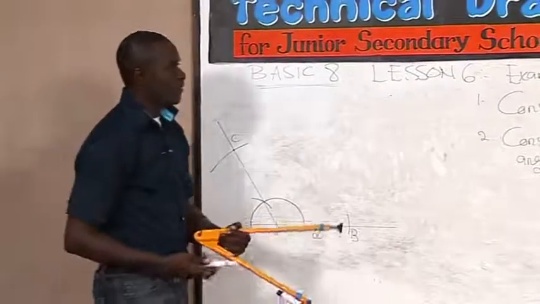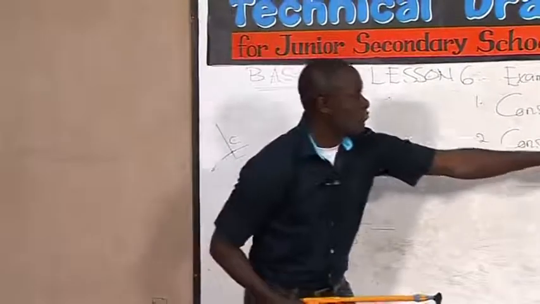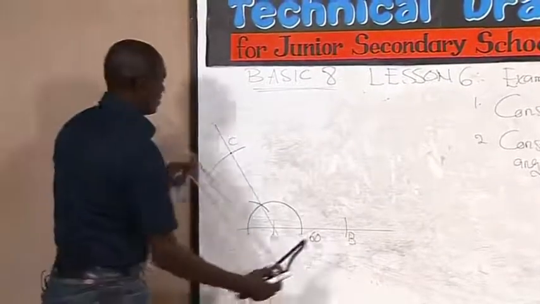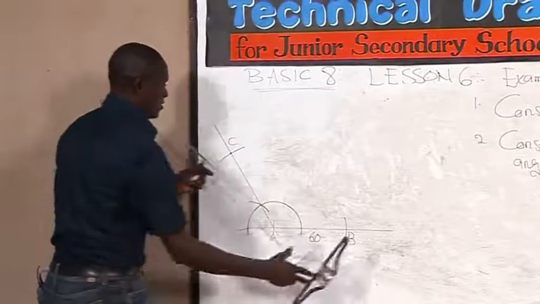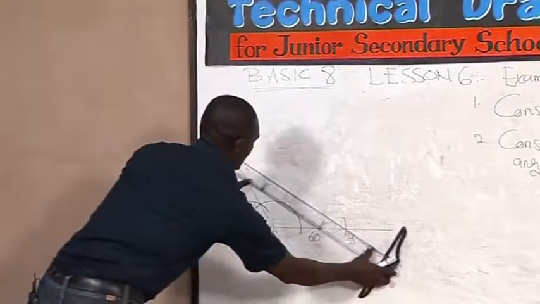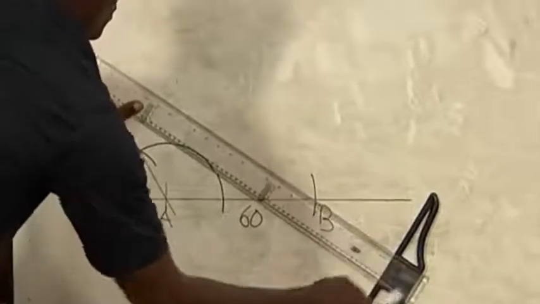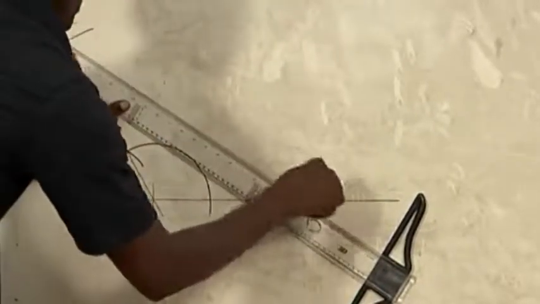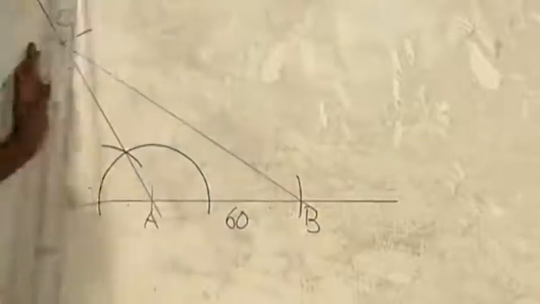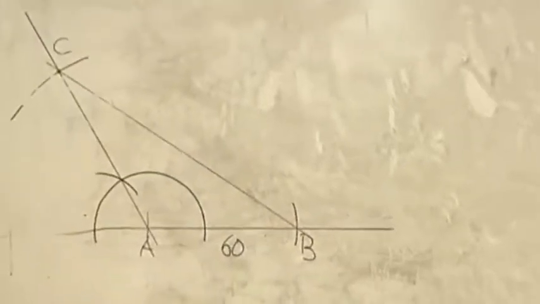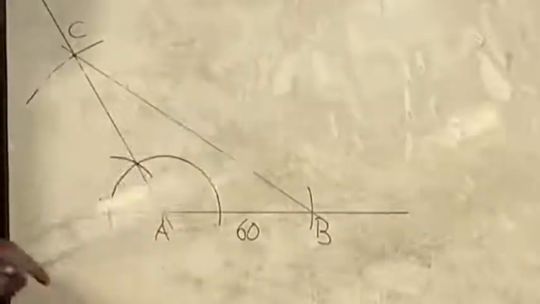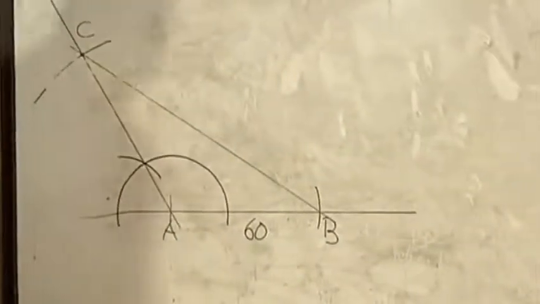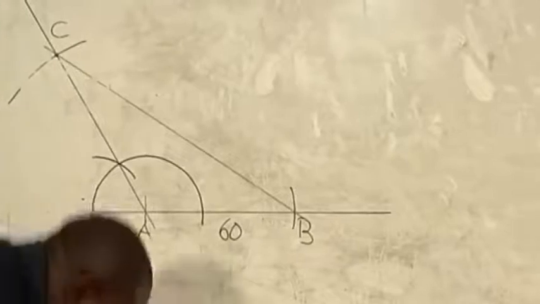Good. The questioner said, join BC. Join BC. This is my B, this is my C. Join BC. Are you following me? All right. That's it. Your triangle is ready. Now the questioner said, measure it. What is the it? Measure BC.